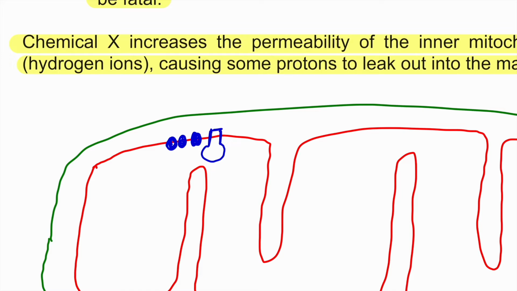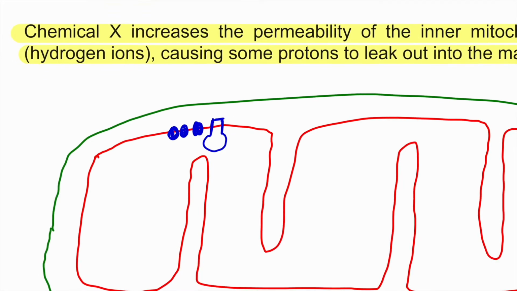Typically what happens is that whenever NADH comes in, it releases hydrogen ions, and those hydrogen ions are pumped into the intermembrane space.